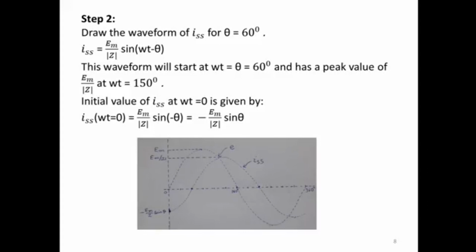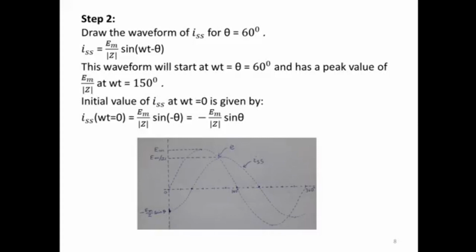Then after the peak, this sine wave again comes to 0 after a delay of 90 degree. The peak occurs at 150 degree, and 150 plus 90, 240 degree will be the second point at which this waveform becomes 0.